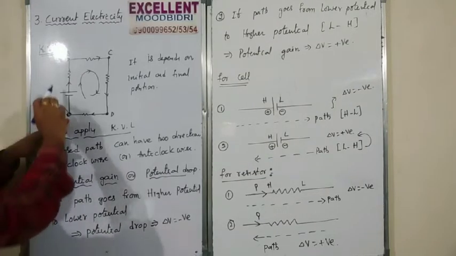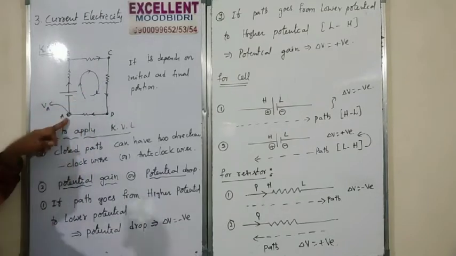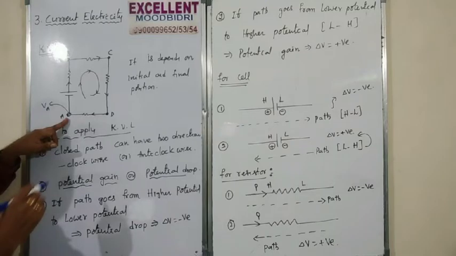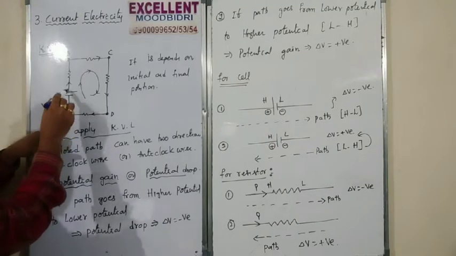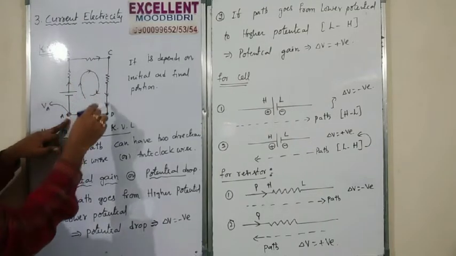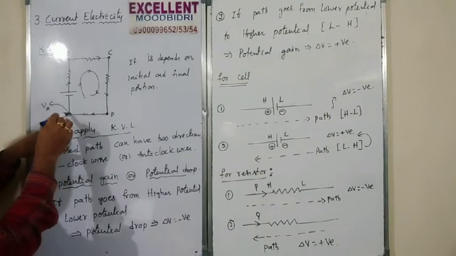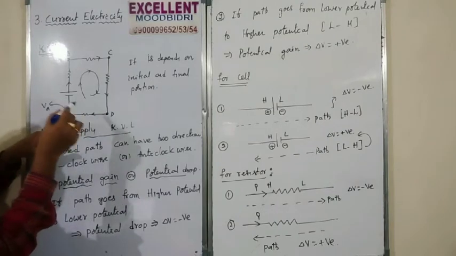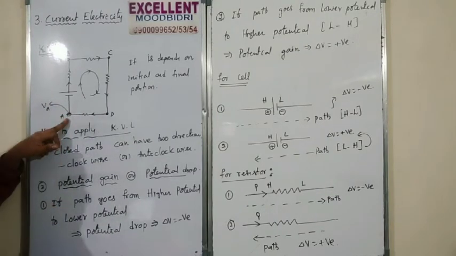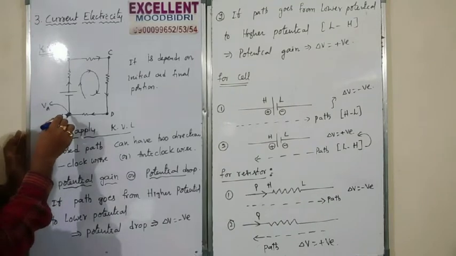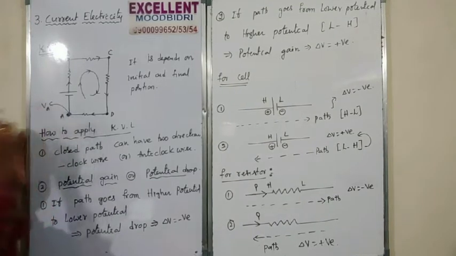So compulsorily we want to consider a closed loop only. Remember everybody, very, very important. This one now is a closed loop. The current is flowing in this direction and comes again here. This is the initial position, and the final position is also this one. Then the change in potential at this point is how much?